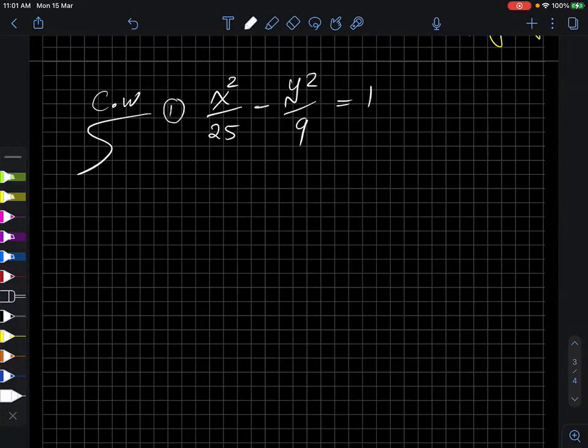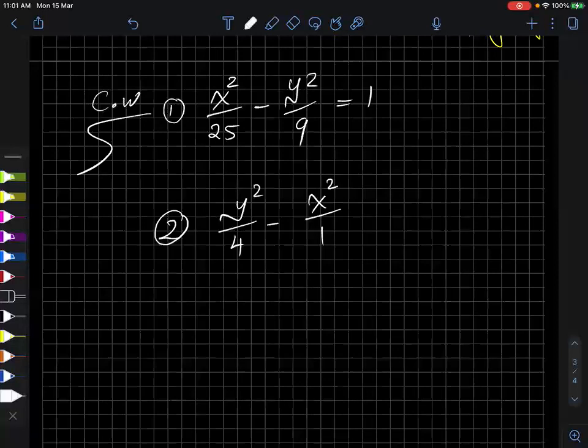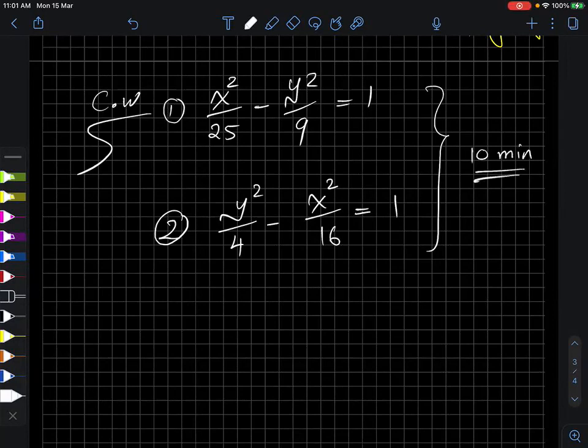The second question is y squared over 4 minus x squared over 16 is equal to 1. You should do these 2 questions within 10 minutes, each question 5 minutes. Start.